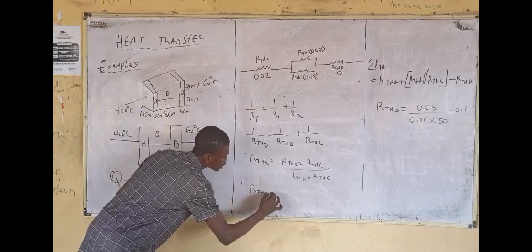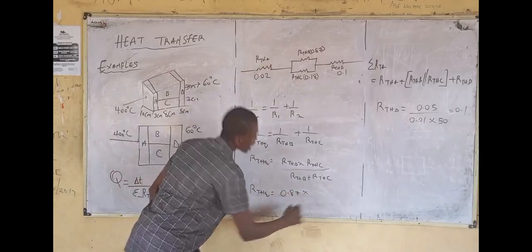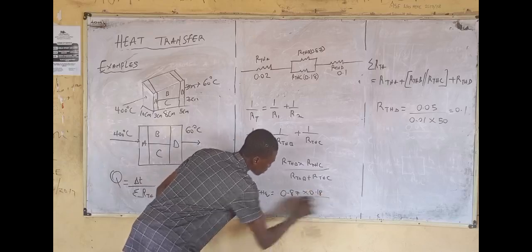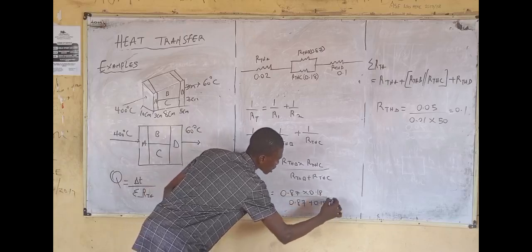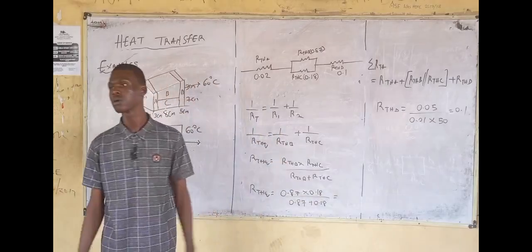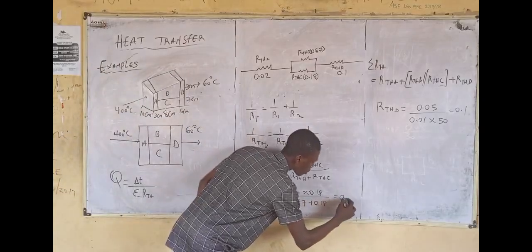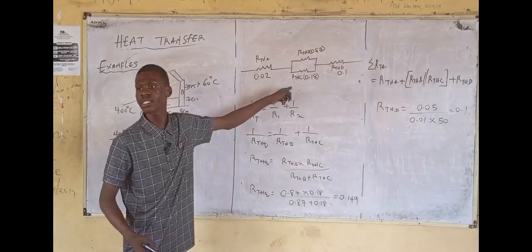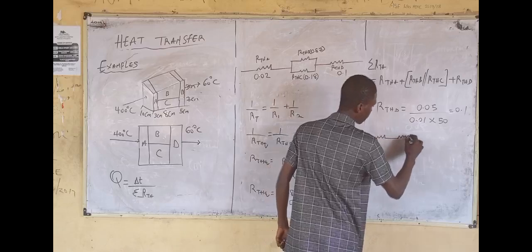Now let's substitute the values. RTHQ is equal to RTHB, which is 0.87, times 0.18 divided by 0.87 plus 0.18, and this is equal to what? 0.149, meaning that you can redraw your thermal circuit.